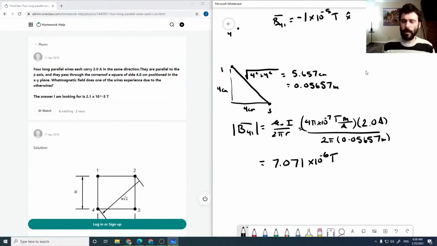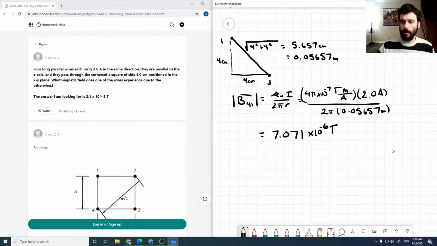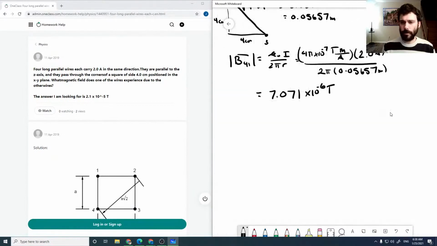Now our direction is going to be a bit trickier. So we can see that here's 3, here's 1. Again, using the right-hand rule, it's going to be perpendicular to the R and pointed downwards in this direction. So our R vector we can figure out, and this is going to be our B41 hat.